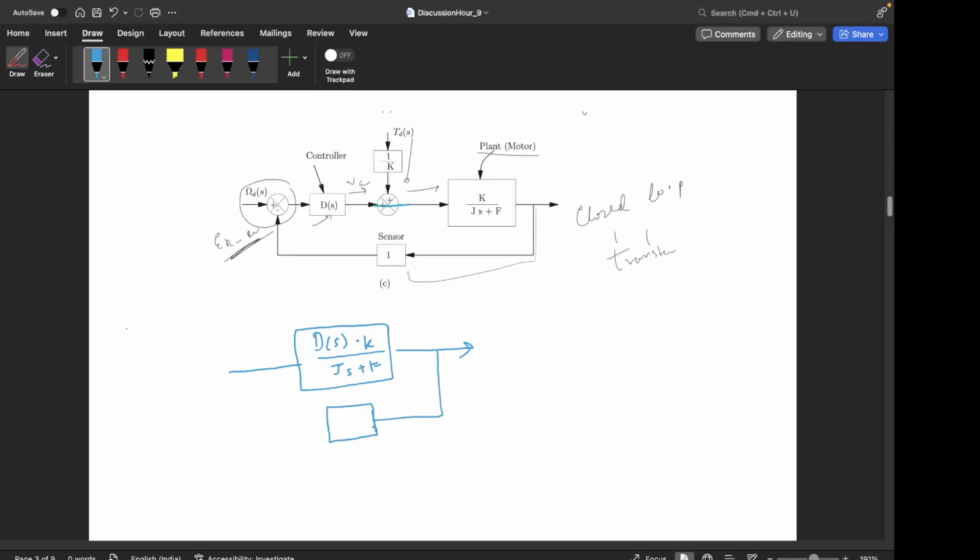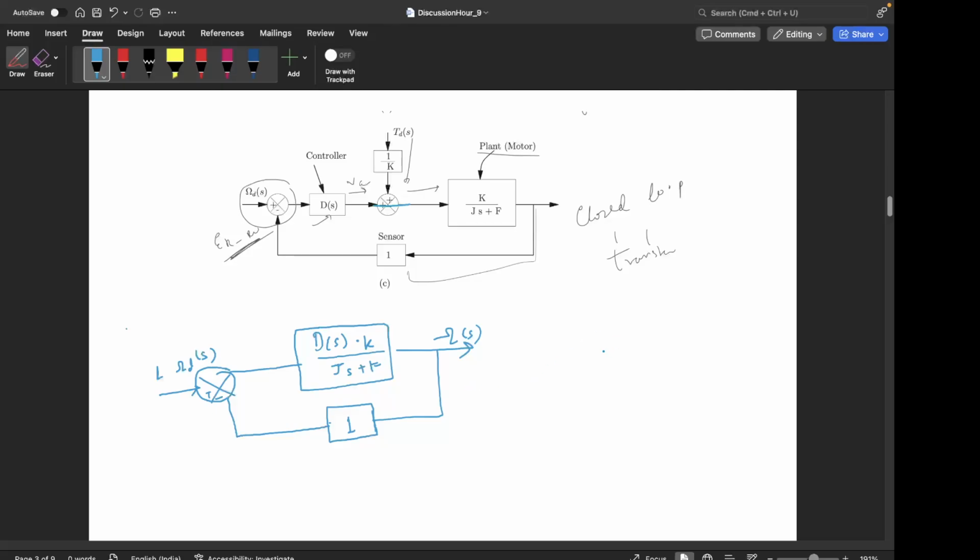Feedback is just, there is no modification here, whatever is read here is fed back to the comparator where this error is computed. This is the desired trajectory, and this is the actual. So this is the closed loop system.